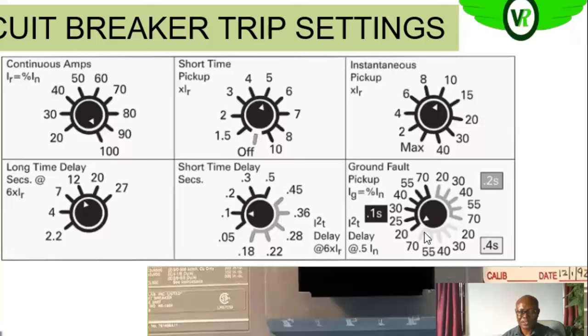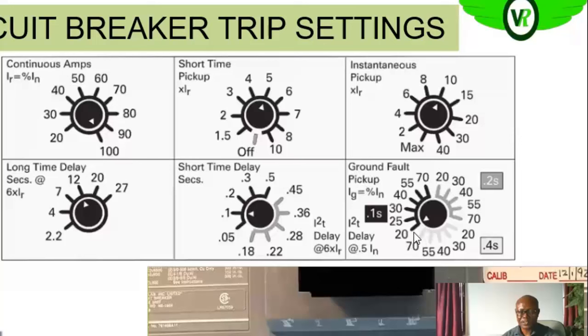So if we are taking this 20%, that will mean that we are making the ground fault pickup 200 amps. So if it sees that amount of current in the ground circuitry, the ground fault protection should be activated.